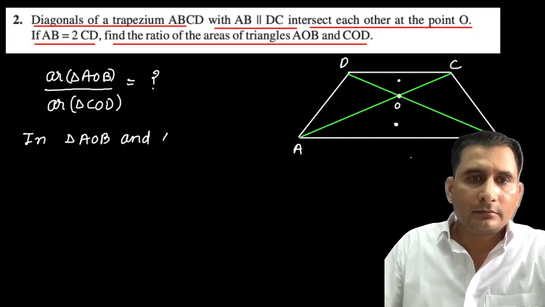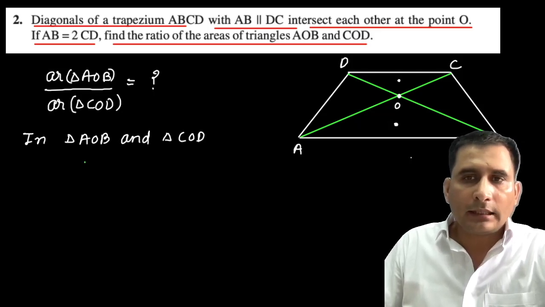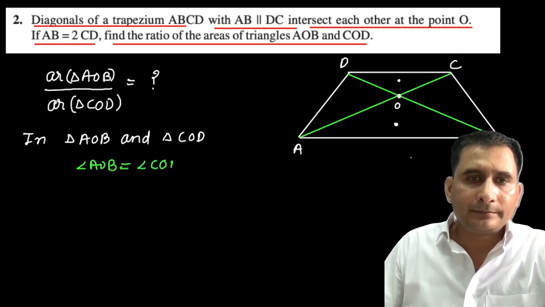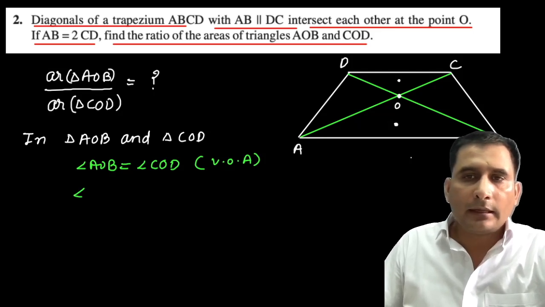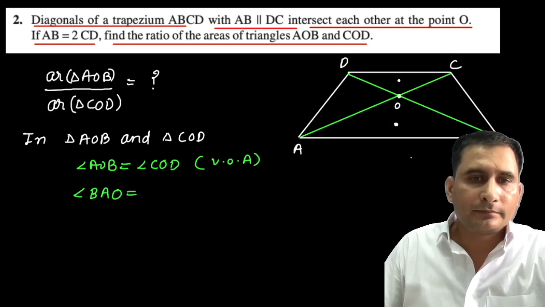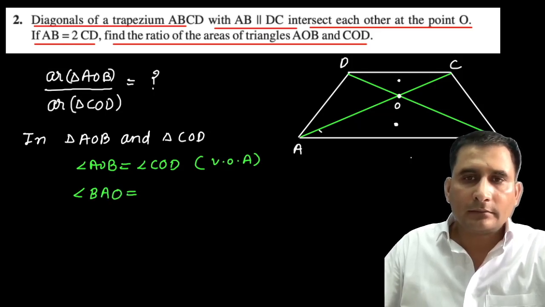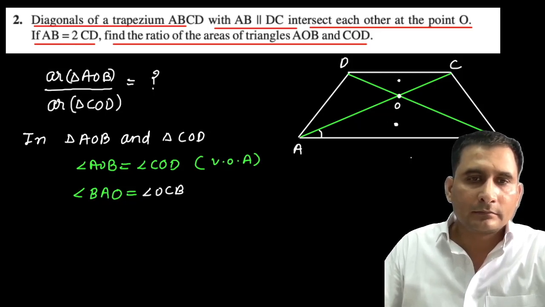Similar, not congruent. Similar. Because angle AOB is equal to angle DOC, vertically opposite angles. And I can say that angle BAO is equal to angle OCD, alternate interior angles.